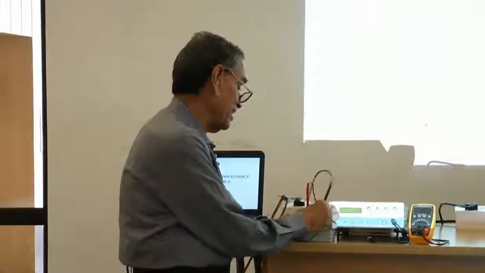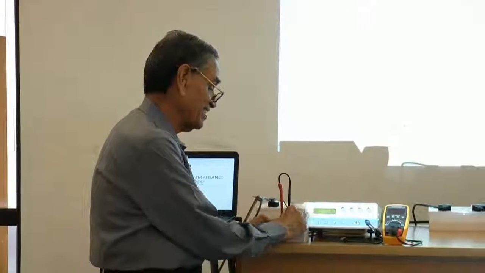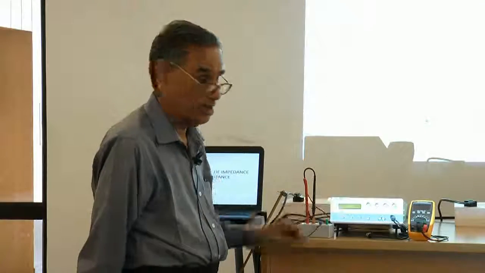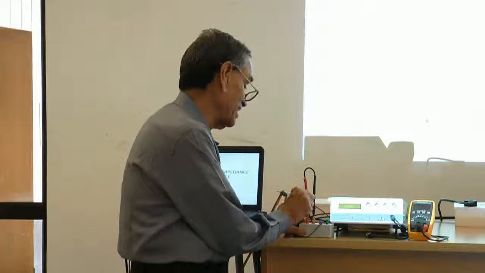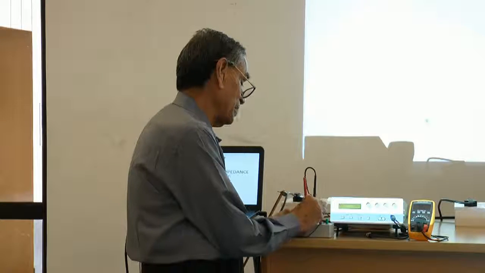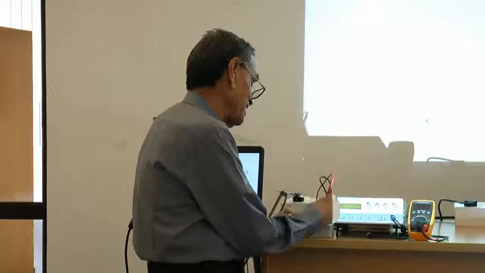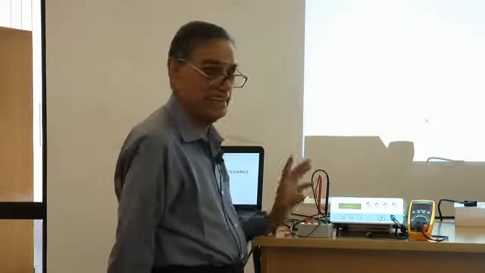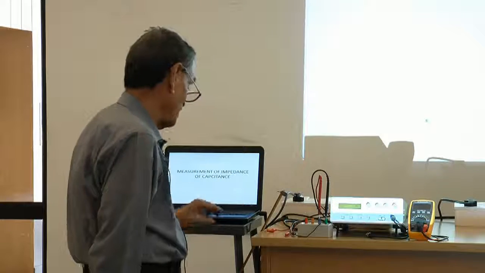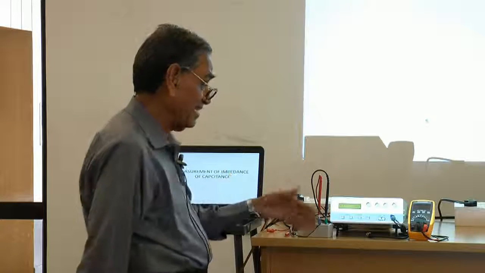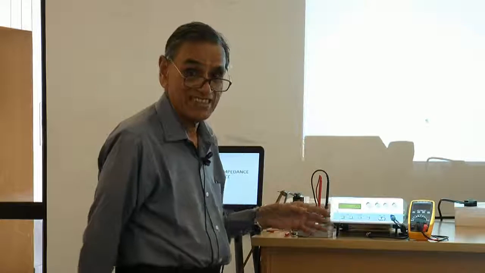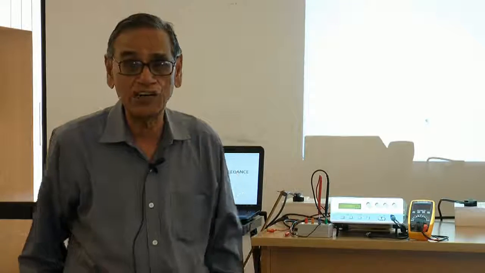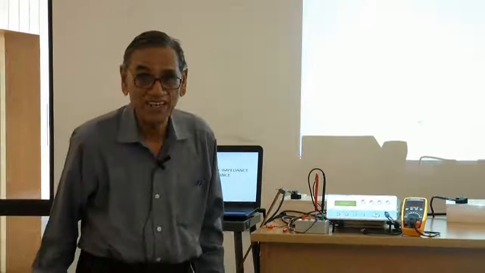I measure voltage across the resistance, which is 0.184 volts, and I measure voltage across the capacitance, that is between C and D, that is 973 millivolts. So I keep doing this. I measure voltages at different frequencies, starting from 1 kilohertz going up to 7 kilohertz.